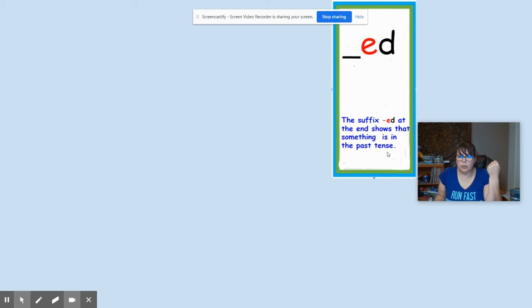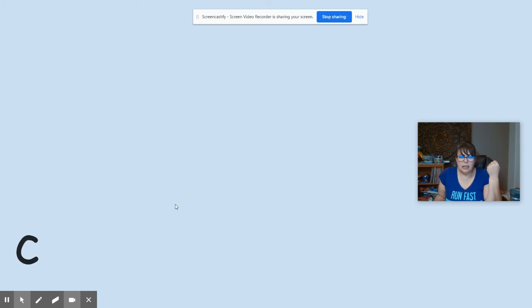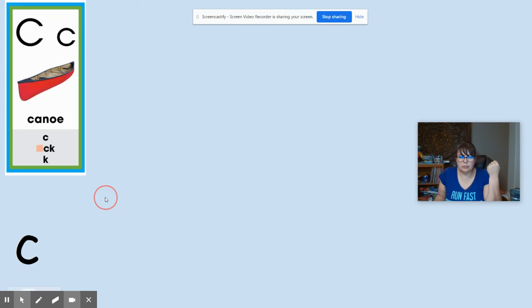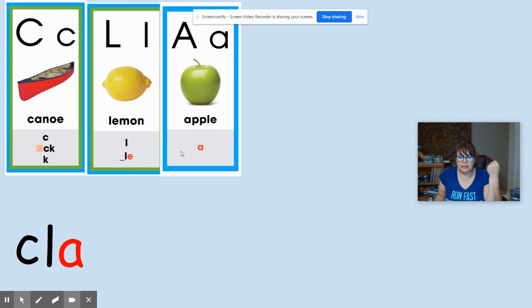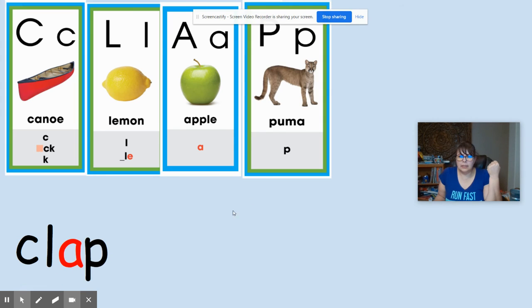Okay, again, we're going to be working with the ed, which is in the past tense. Now we have the K, like in canoe, L, like in lemon, a, like in apple. I forgot to blend. Cl, a, cla, P, like in puma. Now, remember, clap, one syllable. A is a short vowel, and it only has one consonant, so I have to double the consonant before I can add ed.